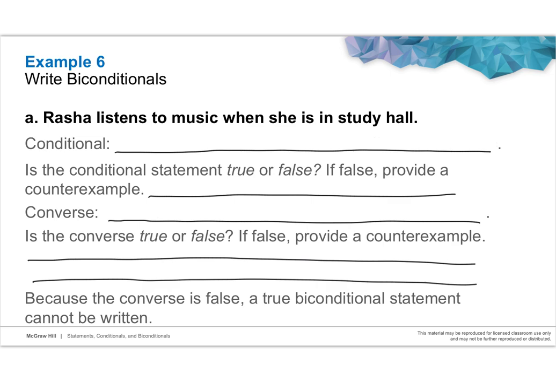So for our first statement here, Rasha listens to music when she is in study hall. The premise that she is in study hall comes first. So we say if Rasha is in study hall, and then comma, then she is listening to music.